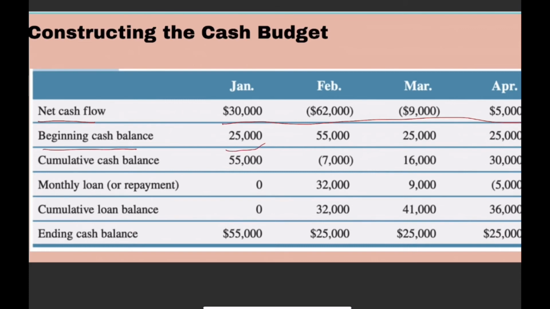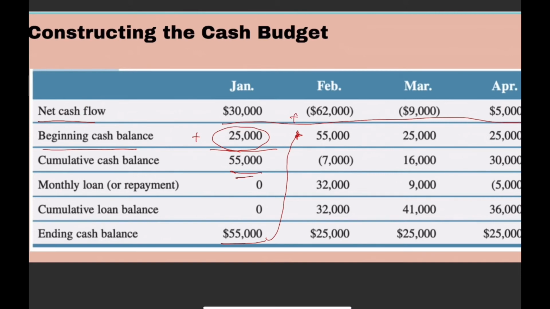This is actually the desired cash balance, which is 25,000, what we call the cash buffer. Then we add it together, that's our cumulative cash balance. So that becomes our ending cash balance as well. Hence, we see that we don't need to source out any other funds because we don't have any deficit.